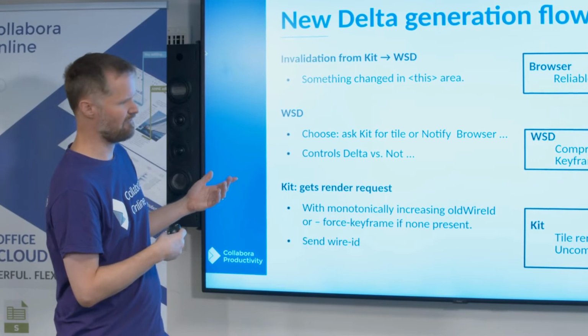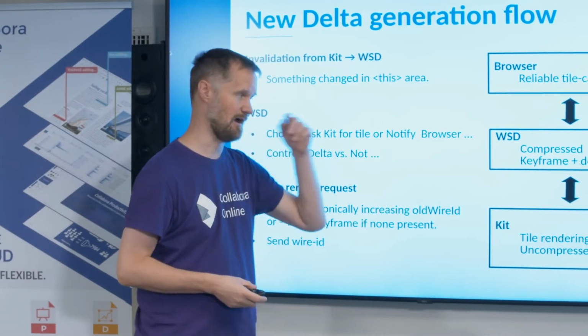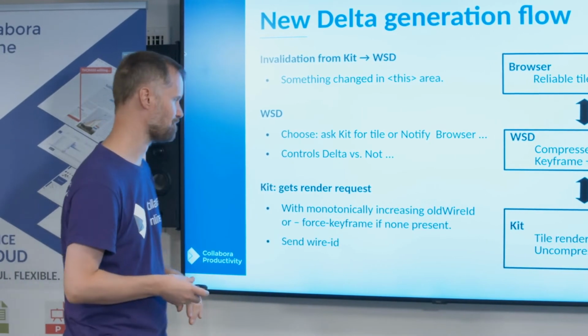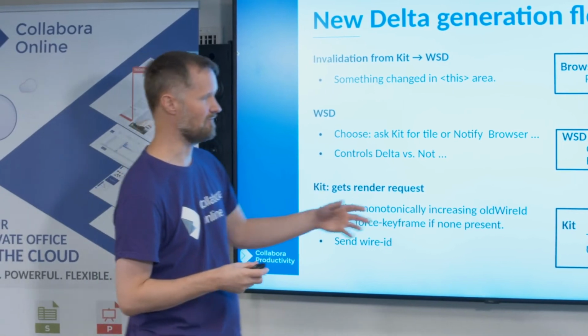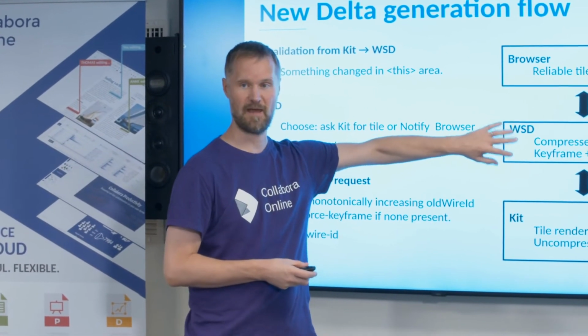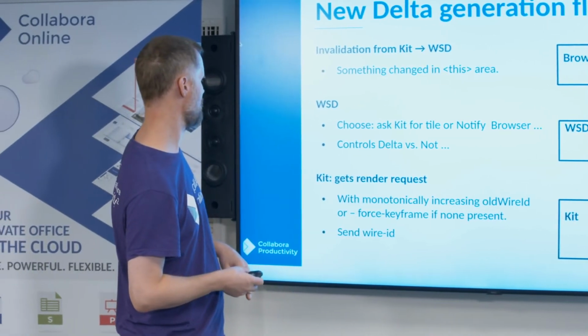Actually, I don't think we sent the wire ID. Doesn't matter. We basically decide here now whether to make a delta or not, and we push that into the kit. And so we can force a keyframe. Obviously, there's no point in having a delta if we haven't kept the previous frame. It's really silly.